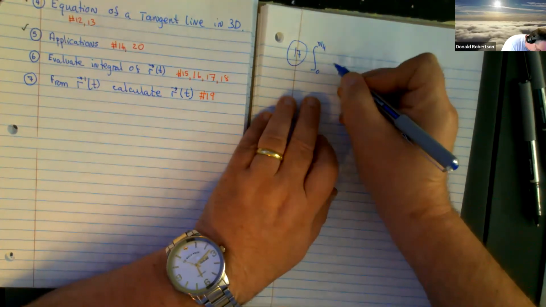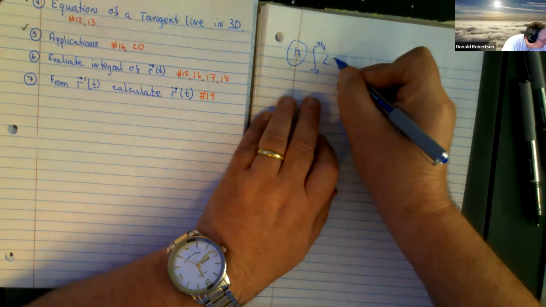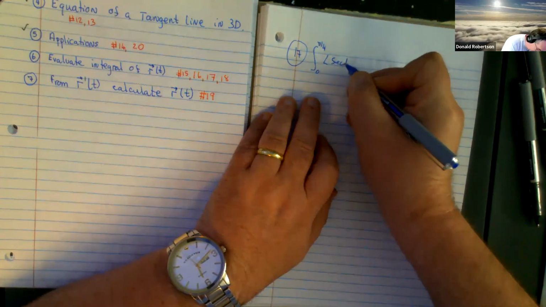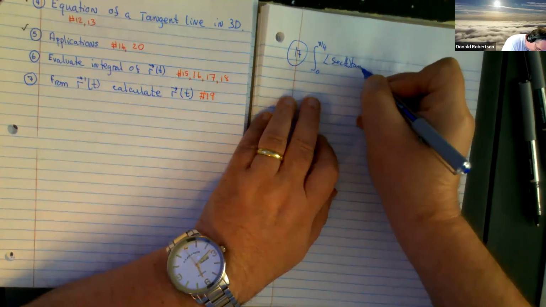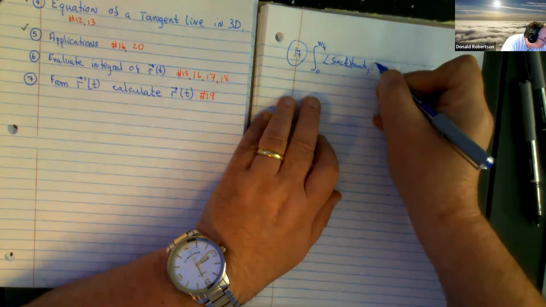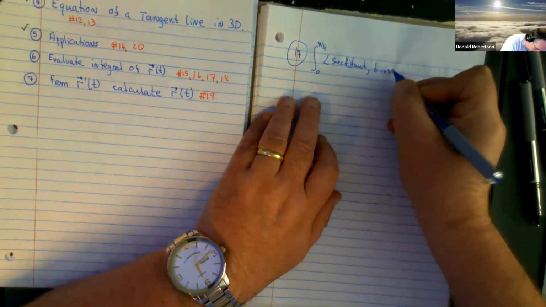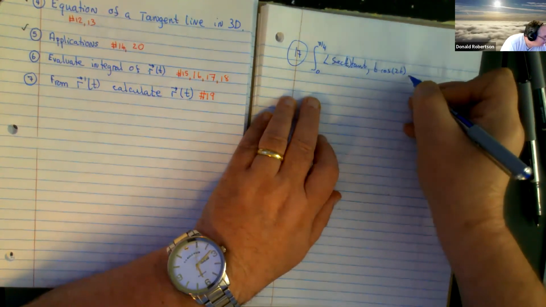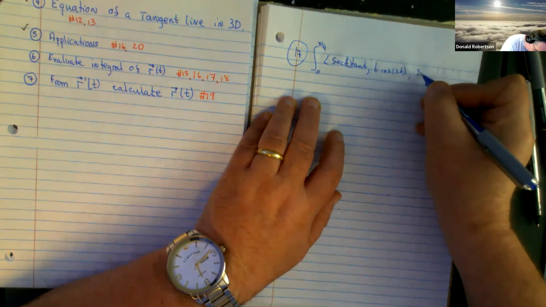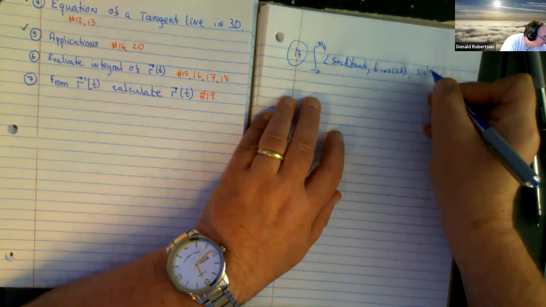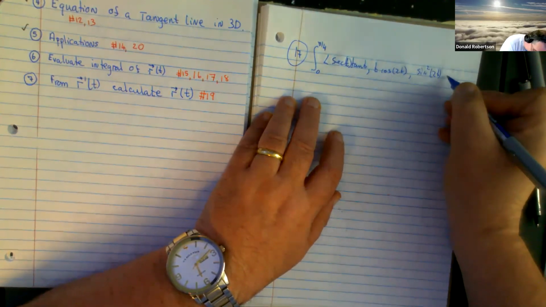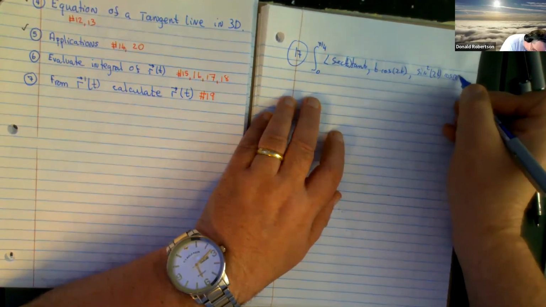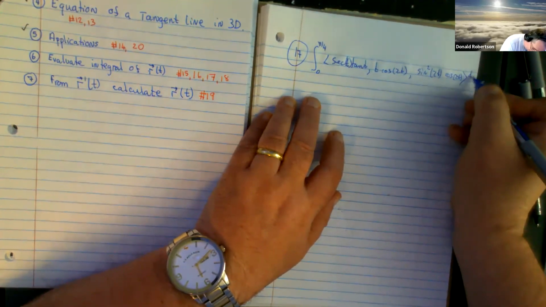And the function that we're doing is secant t tan t, t times the cosine of 2t, and sine squared 2t cosine of 2t dt.